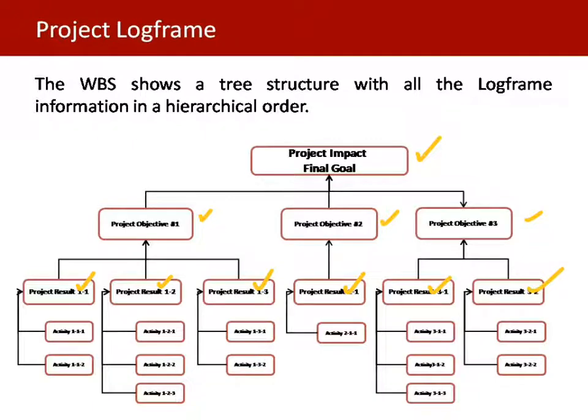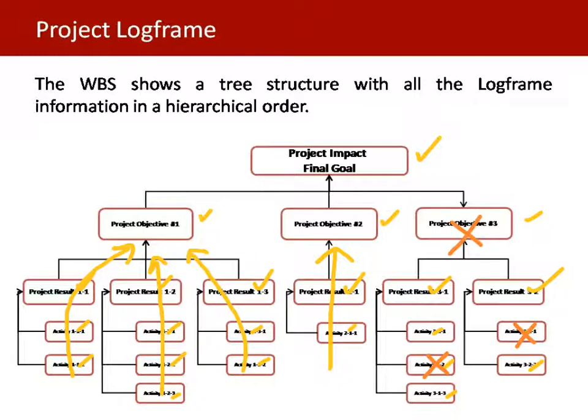Under each result, there are activities that the project needs to accomplish during the lifetime of the project. As the project makes progress, those activities and results contribute to the achievement of an objective. If a project is not able to achieve some activities, then it is not going to be able to achieve that objective.